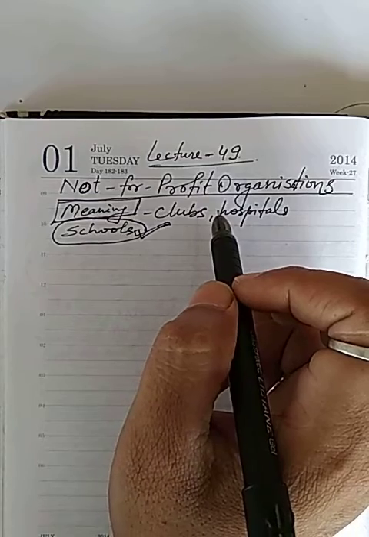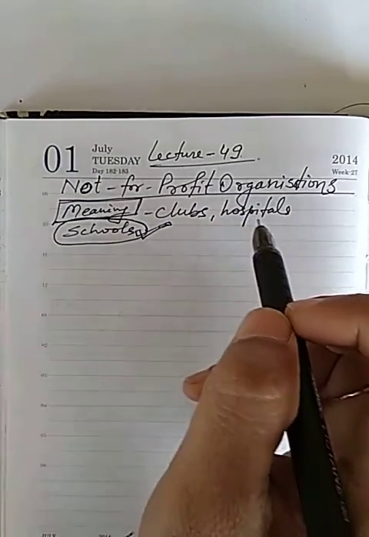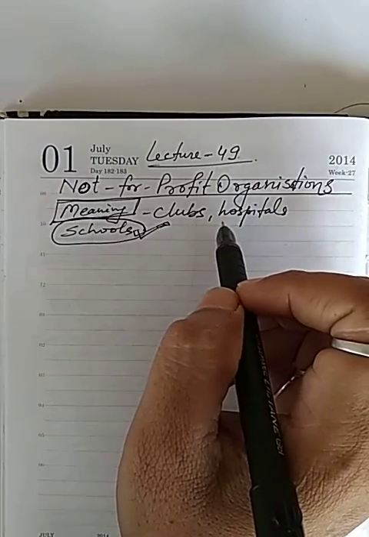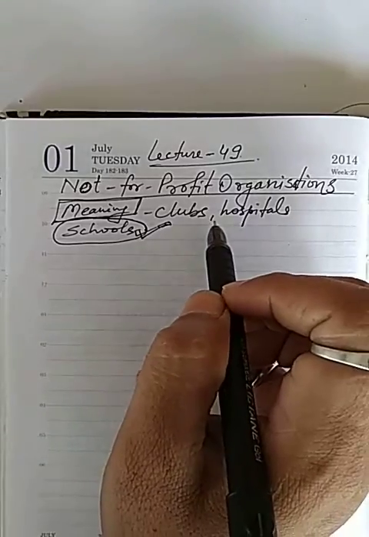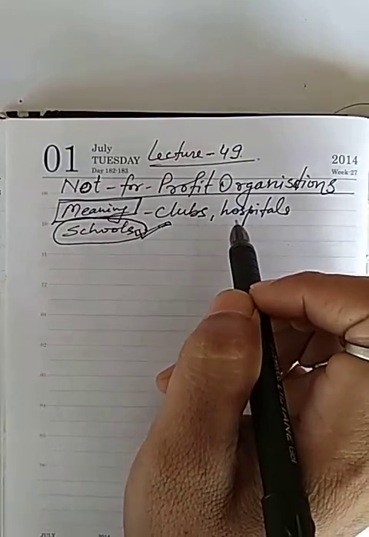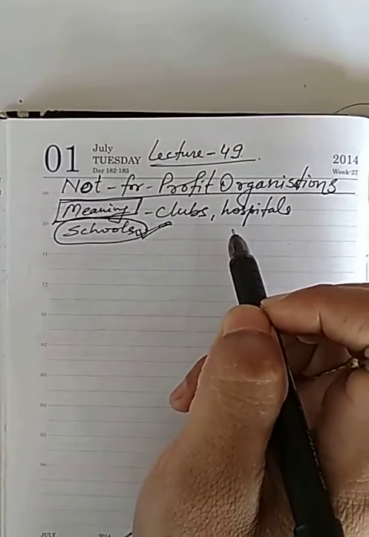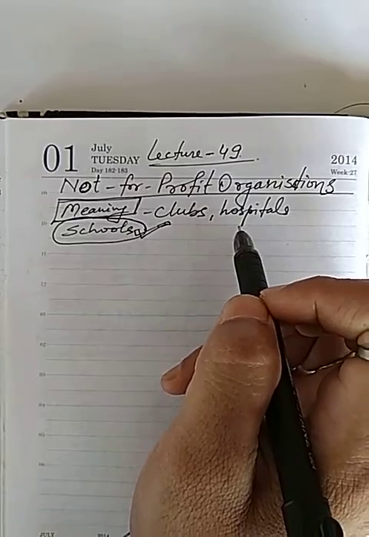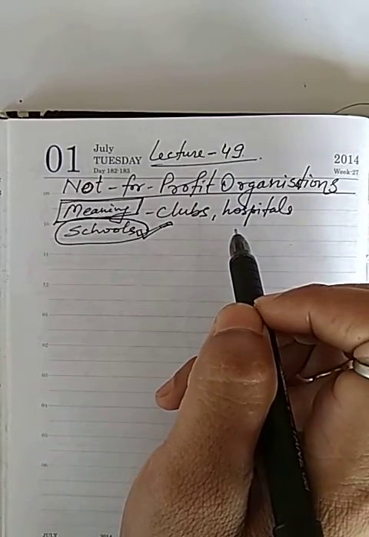For this purpose, they prepare an income and expenditure account, which is similar to a profit and loss account of a profit-seeking entity. A balance sheet is also prepared in order to show the financial position of the organization.